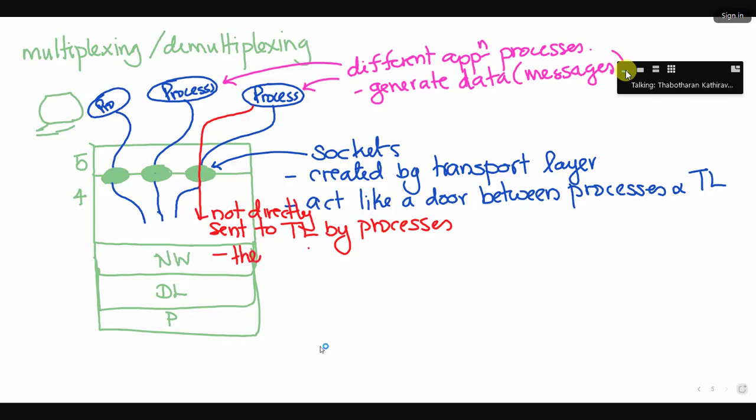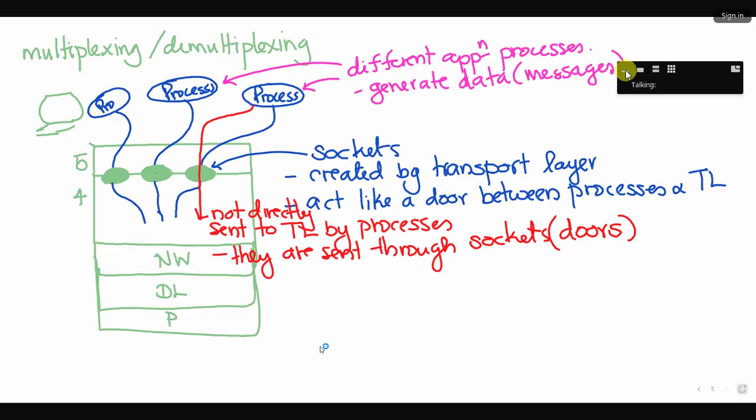They are sent through sockets, the doors. Multiple applications generate such multiple data or messages, and they are sent through the sockets.